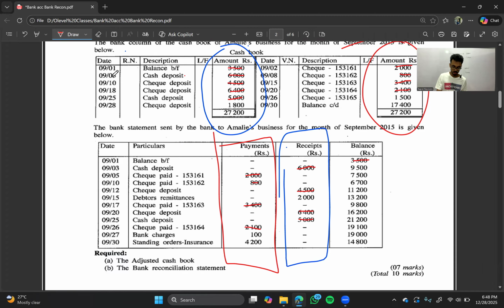Now you have to do this. First you have to prepare the adjusted bank account.